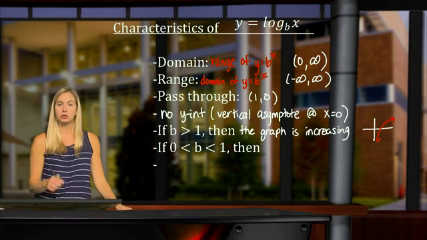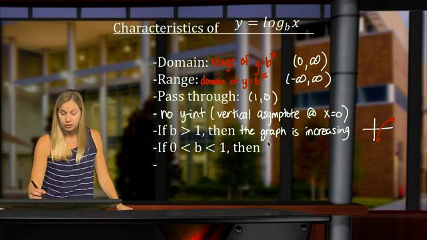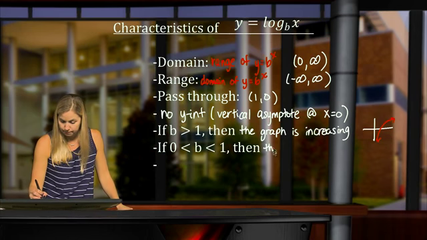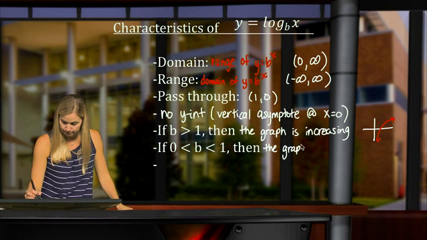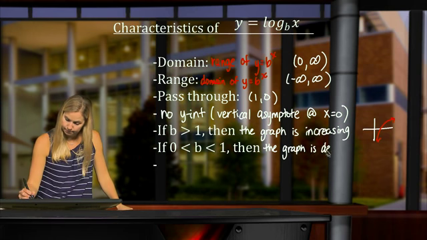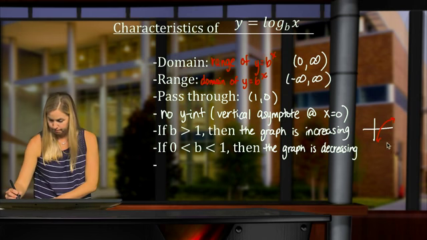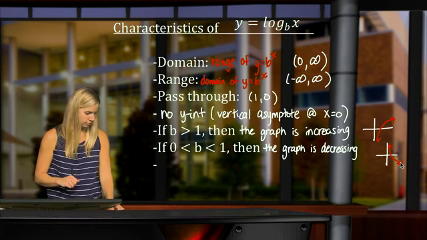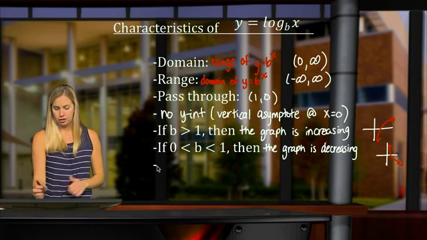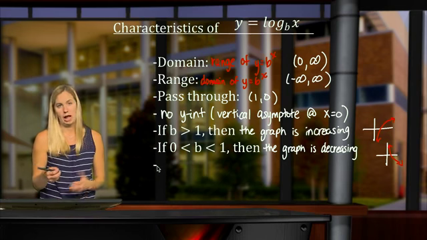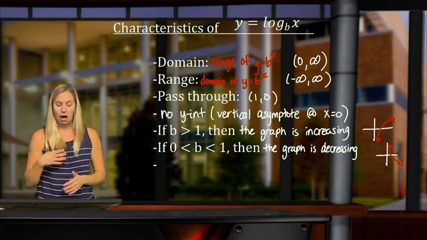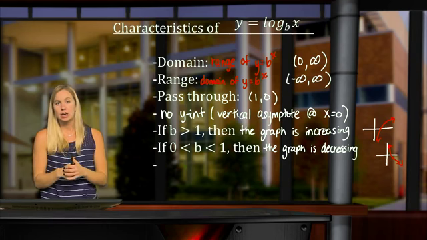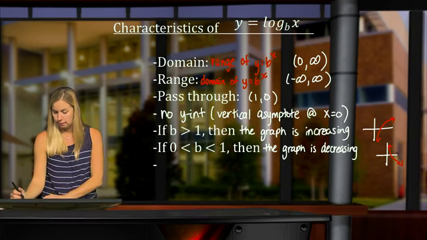And if the base is between 0 and 1, then the graph is decreasing, which will look like this. And this last bullet here is actually for what we listed up here, that we have a vertical asymptote, so we don't need to rewrite that. The vertical asymptote is related to the fact that there is no y-intercept.